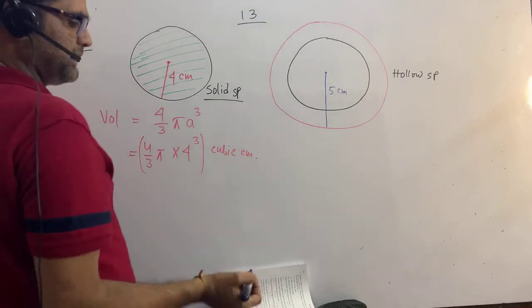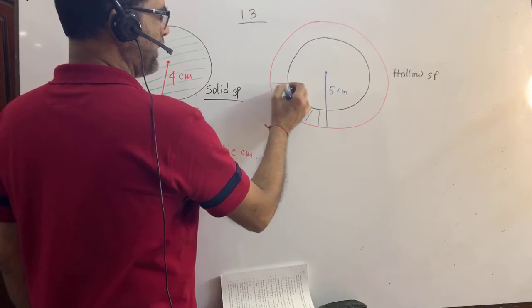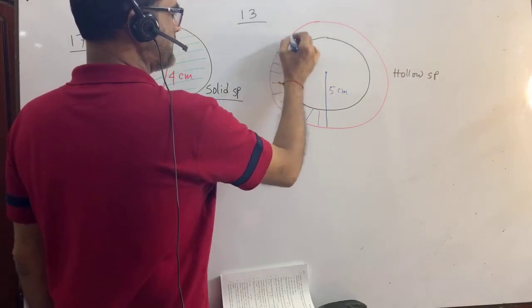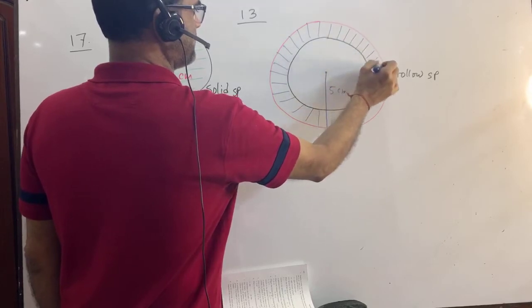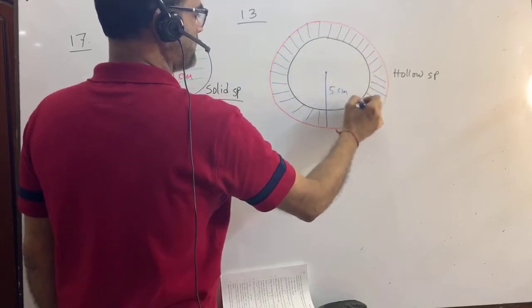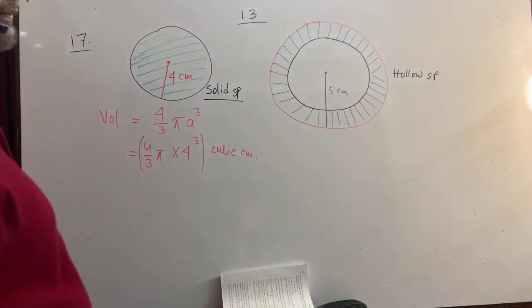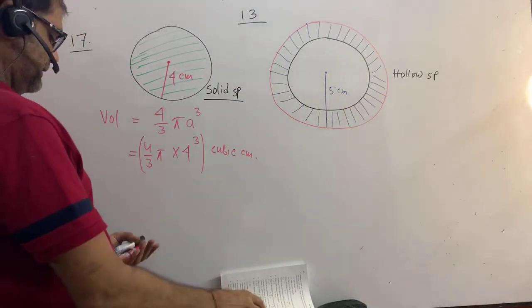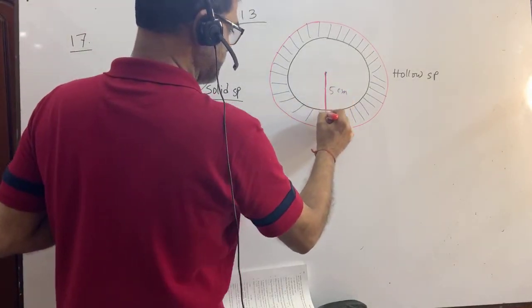What is meant by thickness here? This is the thickness. You have to find the thickness of the hollow sphere.